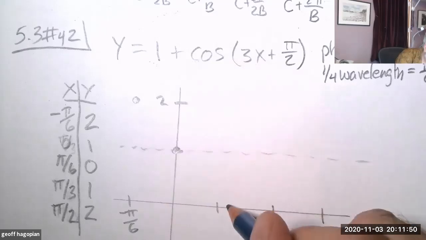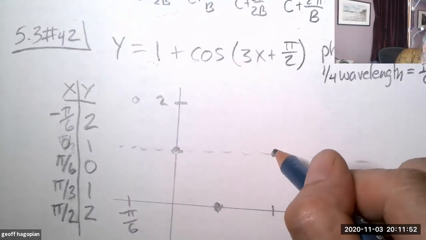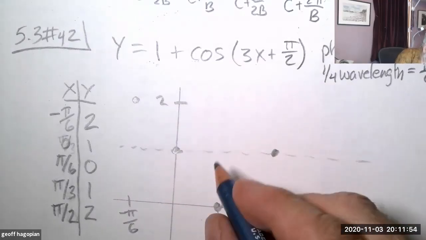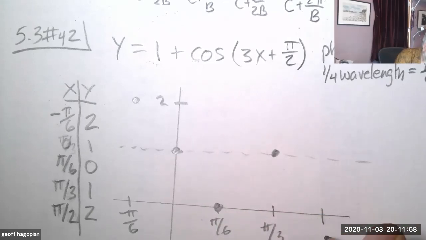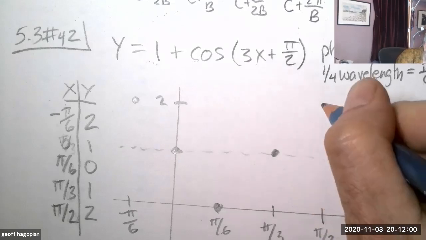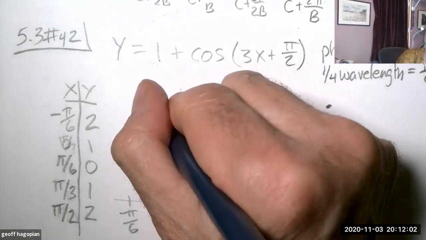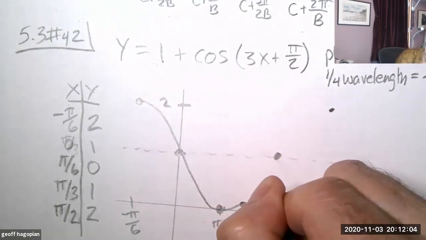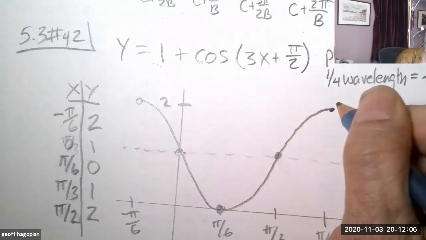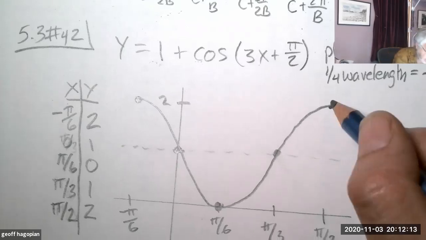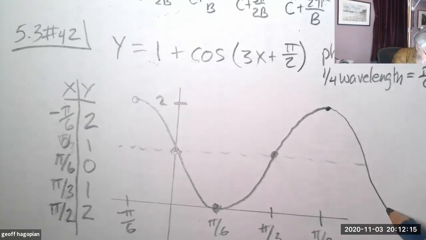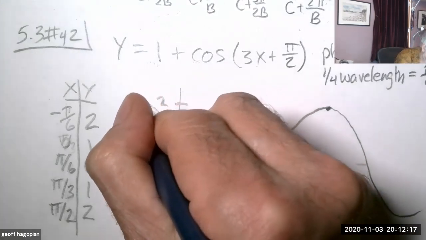Hit equilibrium, hit the trough, hit equilibrium at, well, I didn't label these. This is pi over 6, pi over 3, and pi over 2. So we're back at a peak here. And this is 1 complete oscillation for this function. And it continues on in that way, right? Both to the left and to the right.